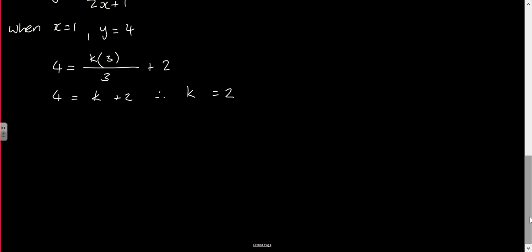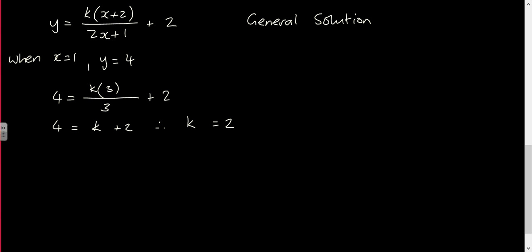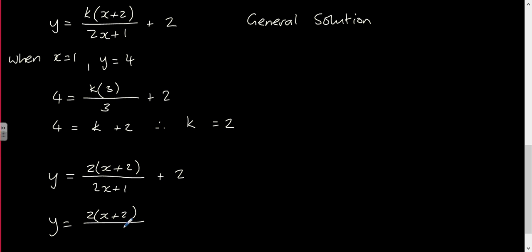Now all we have to do at this stage is rewrite the equation as requested using a value of k. So we've got 2 lots of (x+2) divided by (2x+1) plus 2. Now we can combine all that together because we can think of it as 2 lots of (x+2) over (2x+1) plus 2 lots of (2x+1) over (2x+1), and we can just combine that accordingly.